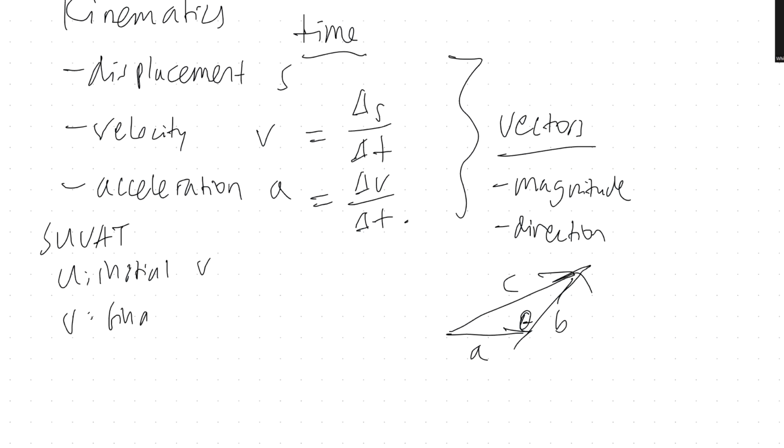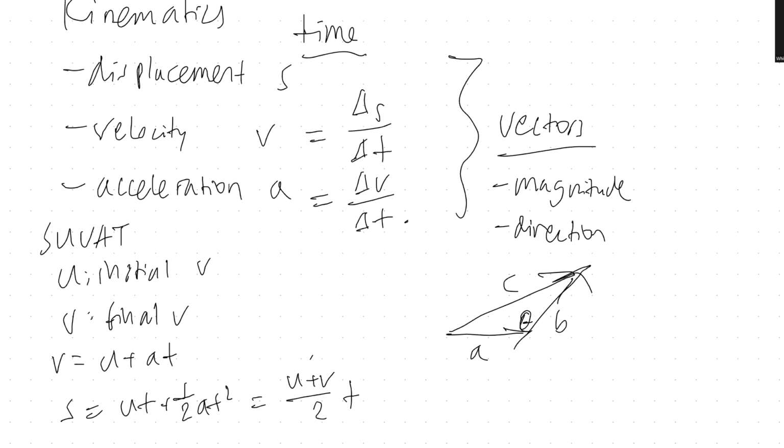And so our equations are again V equals U plus AT, S equals UT plus half AT squared, also equals U plus V over 2 times T, using the idea of average velocity. And lastly, we also have our more special equation, which is that V squared equals U squared plus 2as, which we can derive from the other few equations.